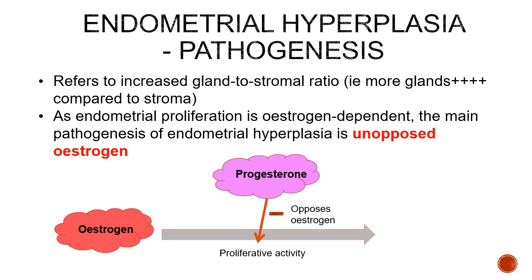In the event where you have too much estrogen and not enough progesterone to counter its effect, or states where progesterone is just not produced, then you get the net effect of excessive proliferative activity, and this gives rise to the hyperplasia that you see in this setting.